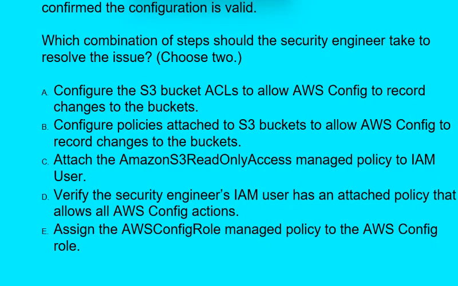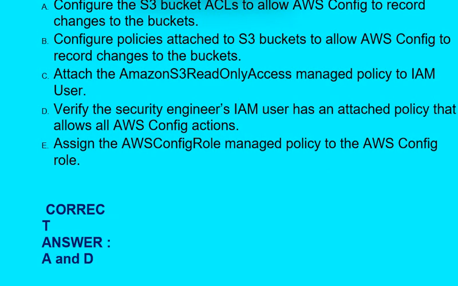Option D: verify the security engineer's IAM user has an attached policy that allows all AWS Config actions. Option E: assign the AWS Config role managed policy to the AWS Config role. Correct answer is option A and option D.